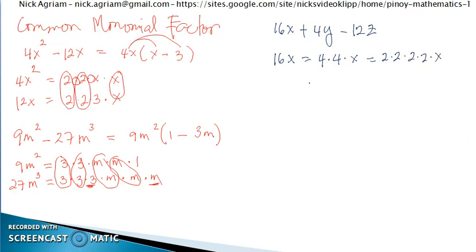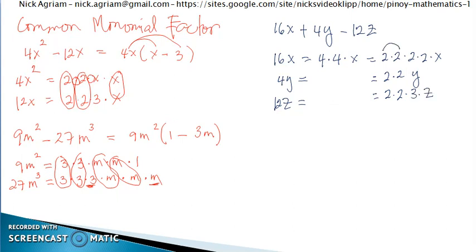That's prime factorization. I'm not going to discuss that; I hope you learned that in other years, in grade 6. For 4y, I will do the prime factorization instead: 2 times 2 times y. For 12z, we have 2 times 2 times 3 times z.